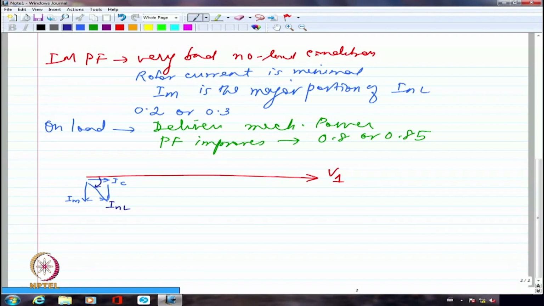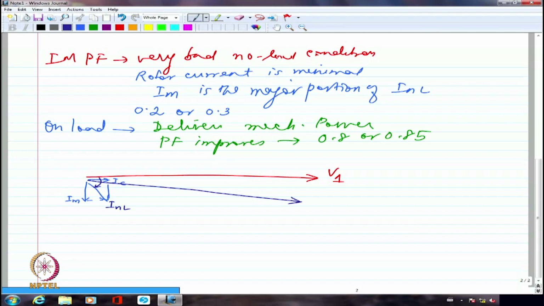So here I am going to specify what is the rotor current depending upon how much is the load torque on the shaft. So maybe if I have a full load torque, I may have some current like this. Please note, this current is still lagging. It can't be at unity power factor because I do have X2 dash.